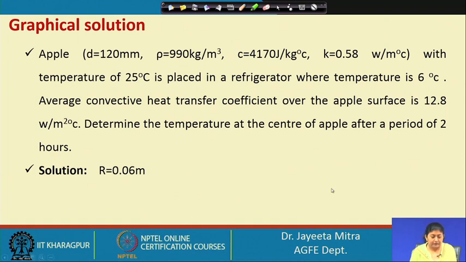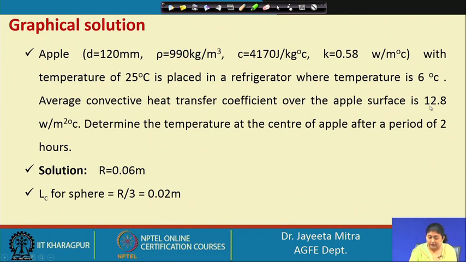So, one problem of a similar kind has been taken here, where an apple whose diameter is 120 mm, density is 990 kg per meter cube, specific heat 4170 joule per kg degree Celsius, thermal conductivity 0.58 watt per meter degree Celsius, with a temperature of 25 degree Celsius, is placed in a refrigerator where the temperature is 6 degree. So, our surrounding is at a lower temperature.